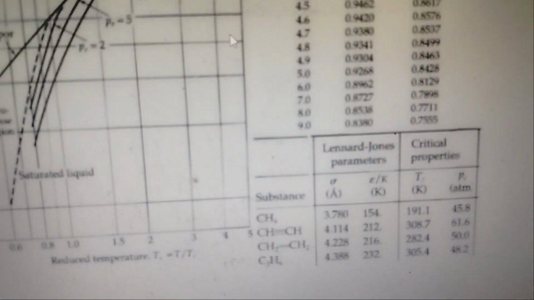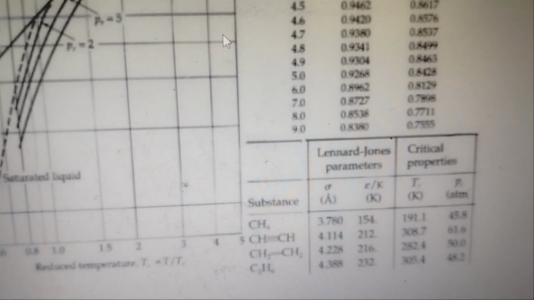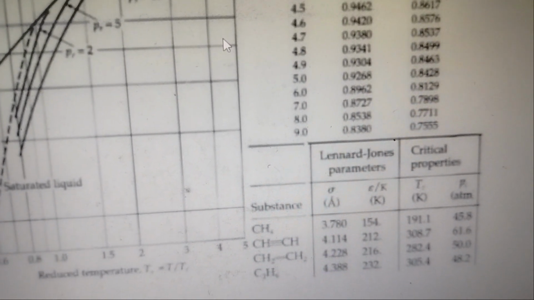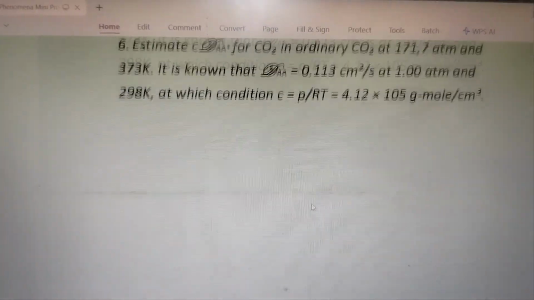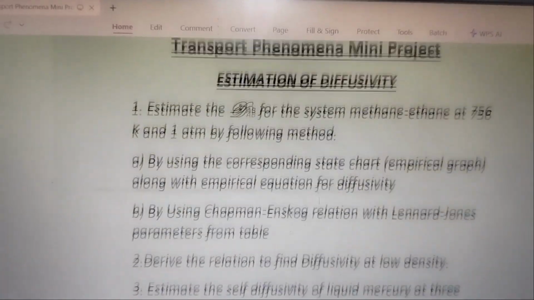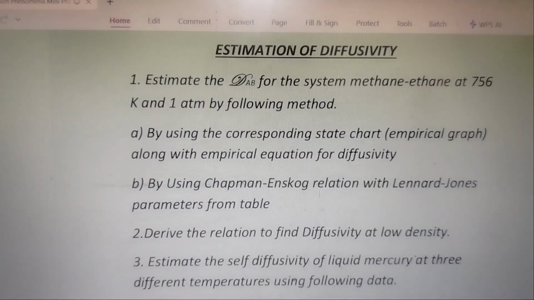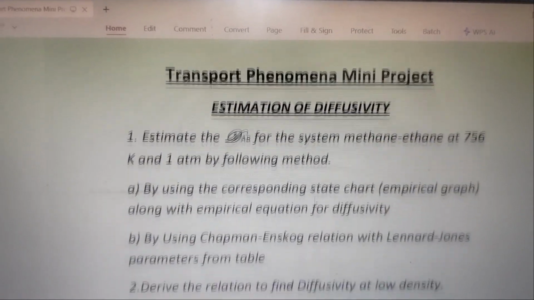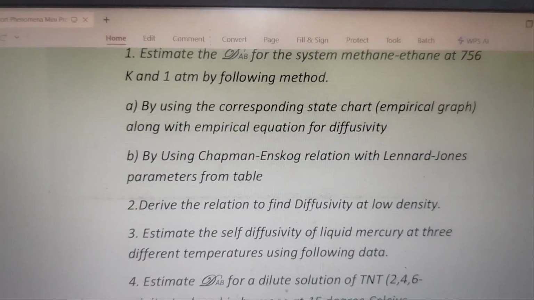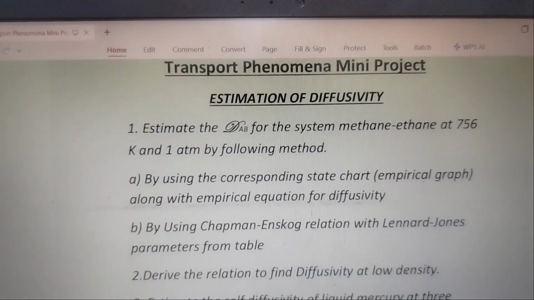And these are Lennard-Jones parameters and critical properties with respect to the substance. So we will all be using these, so that you all can understand very nicely using these questions. Thank you very much. We'll delve into these questions, solving one by one. Okay, so that is all. Thank you very much.